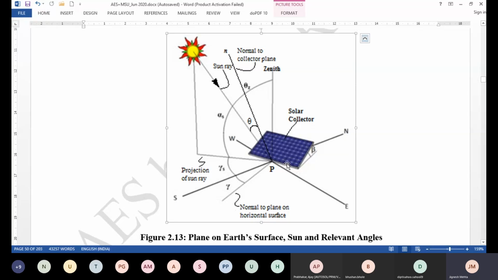Now when you rotated it such that facing the south.